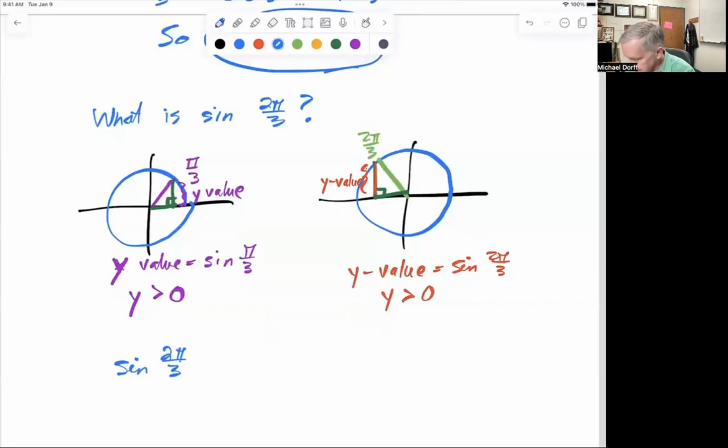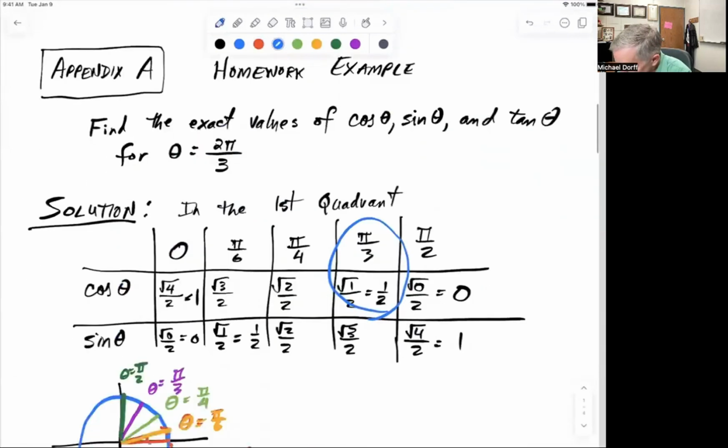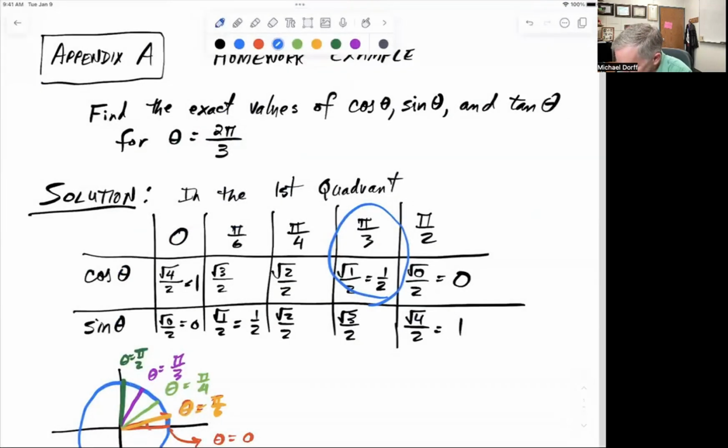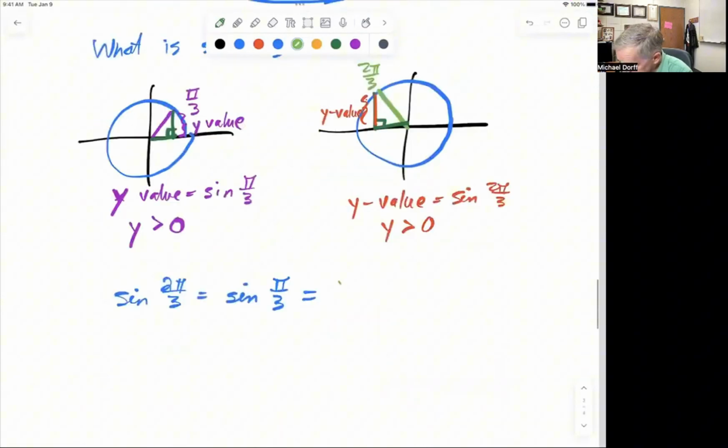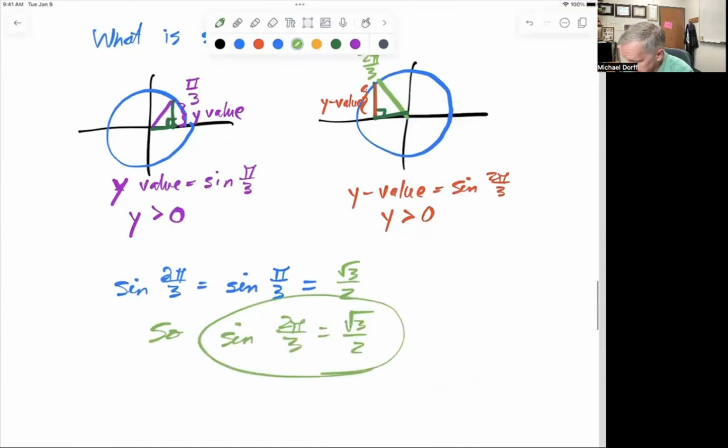So the sine of 2 pi over 3 is going to be the same as the sine of pi over 3. Going back to my chart, the sine of pi over 3 is square root of 3 over 2. So the sine of 2 pi over 3 equals square root of 3 over 2. That's how we figure that out.